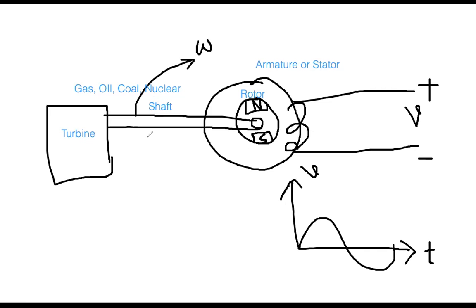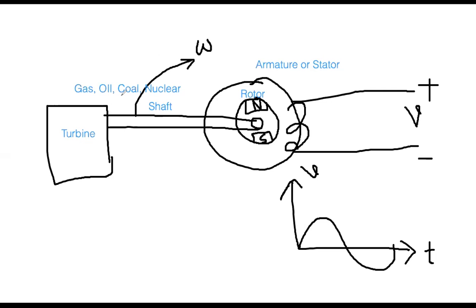Now because this body is rotating, whatever number of coils you have, only one set or many sets, this shaft will rotate at a certain speed. And to rotate that, you must have some fuel input like gas, oil, coal, nuclear, steam, water, or wind, whatever it is.